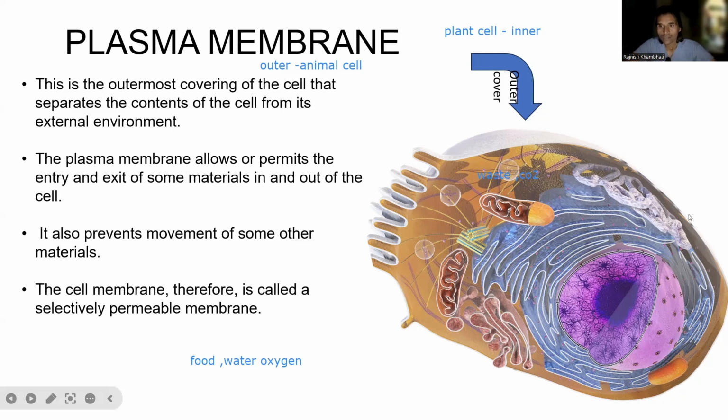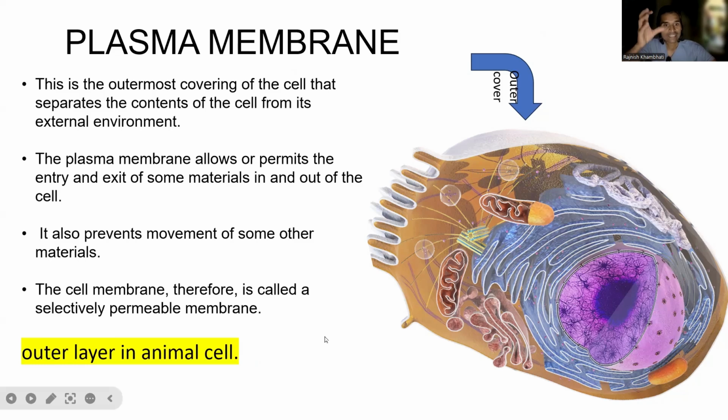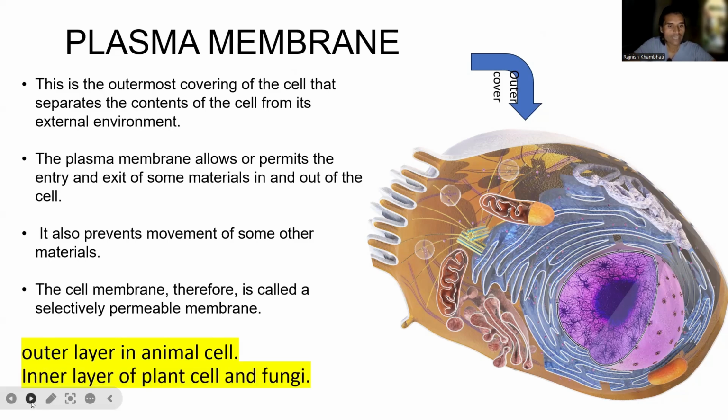I hope that you are writing together. So it is the outer layer in an animal cell. Plasma membrane is the outer layer in an animal cell and the inner layer of the plant cell and fungi cell. Why? Because outside them the cell wall is present. Clear? Shall we go ahead?